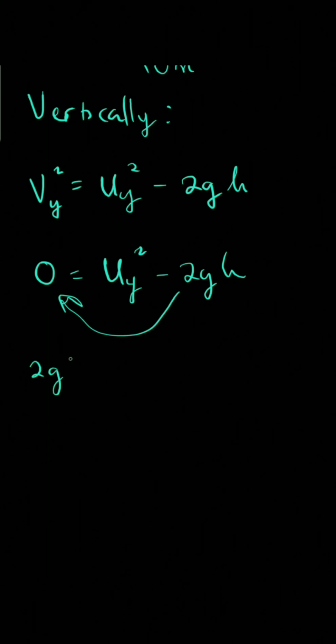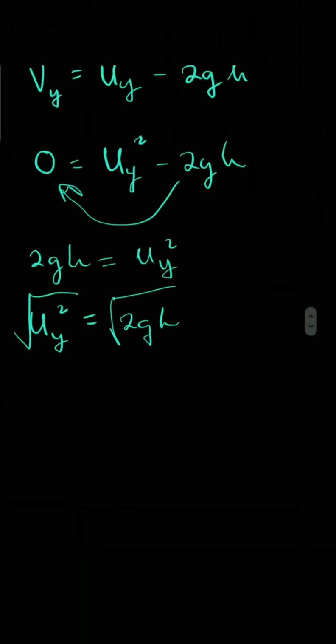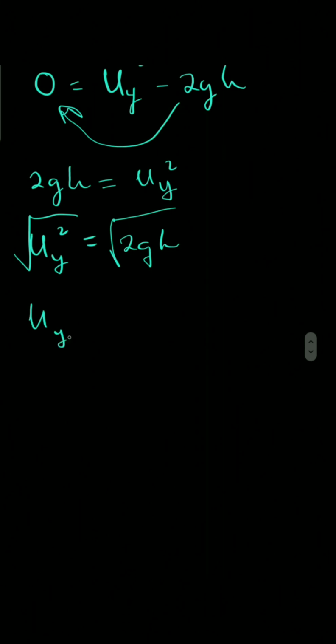So it will be 2gh equal to the initial squared. So we can switch positions like this. Then being that this is squared, we're going to square root both sides, giving us our initial component to be equal to the square root of 2gh.